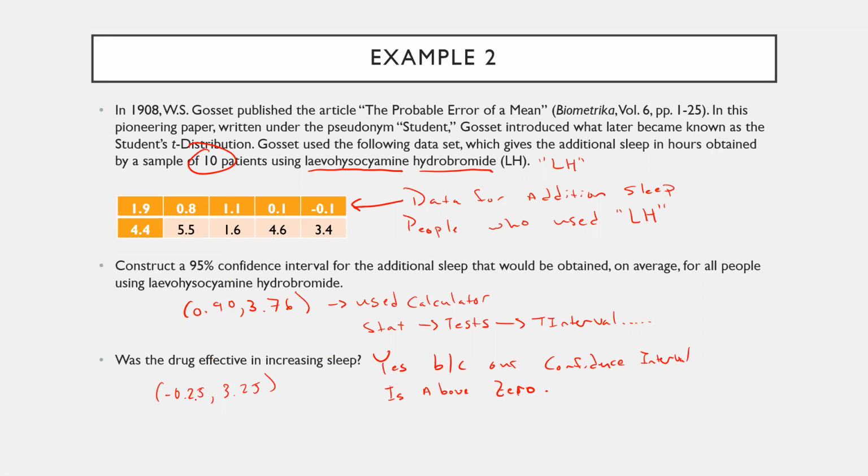Then we couldn't say it's effective at increasing sleep, because they could get 0 on average. But because our confidence interval is all strictly positive, absolutely, this drug was good at increasing the amount of sleep people get.